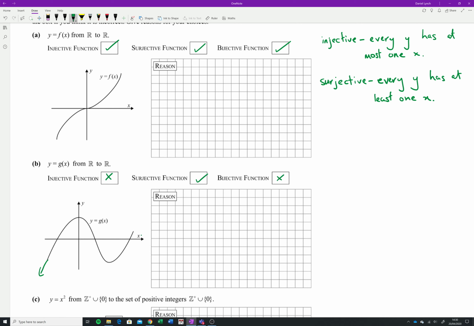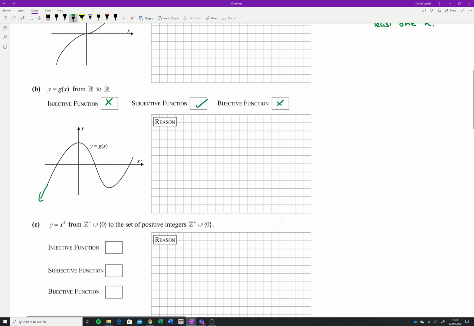No. Reason, again, I don't know, hopefully they don't ask you this in the real thing, but what's the sort of thing that they might want you to write down here? Maybe you can say it's not injective because of the horizontal line test, it hits the graph 3 times. It is surjective because every single horizontal line that you draw is going to hit the graph at least once.